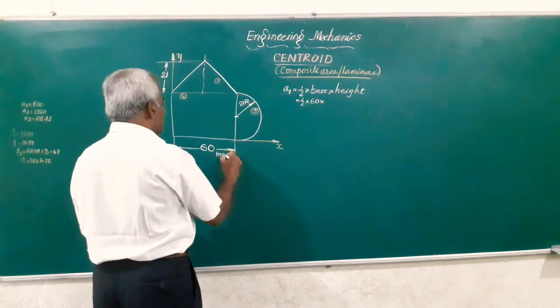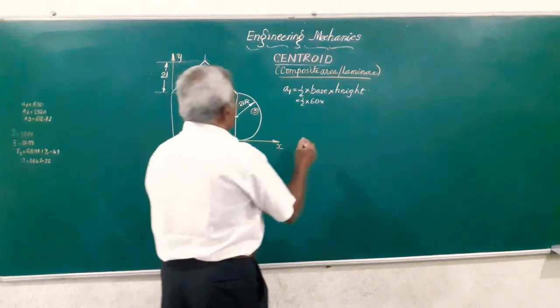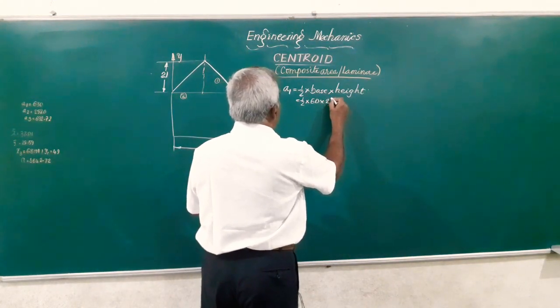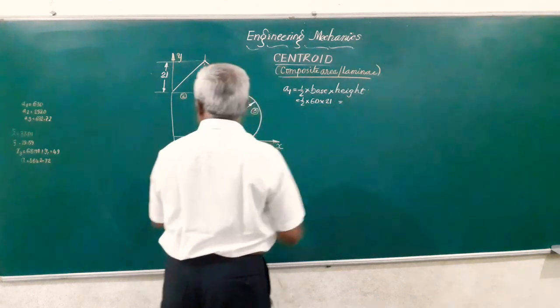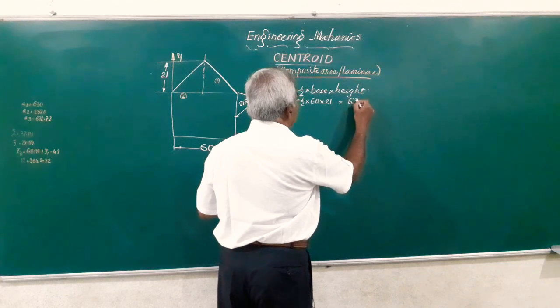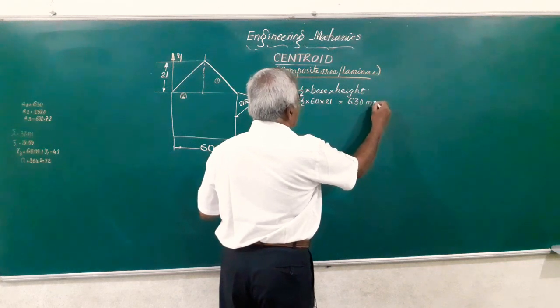Remember friends, all these dimensions I have given here are in millimeter. This works out to area 1, 630 millimeter square.